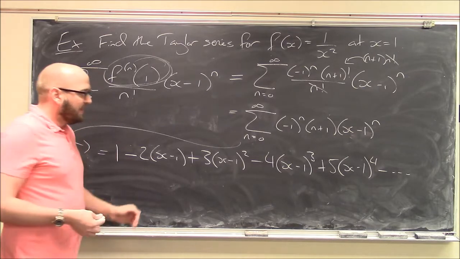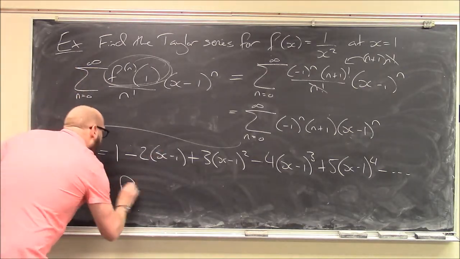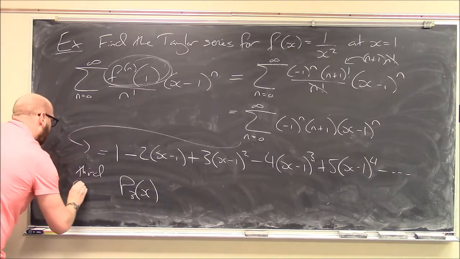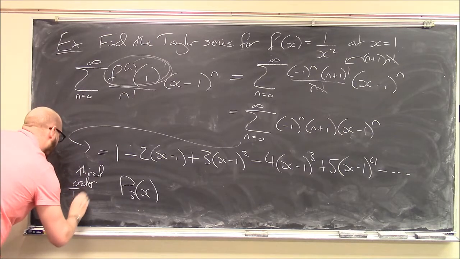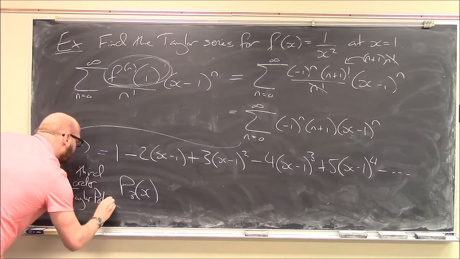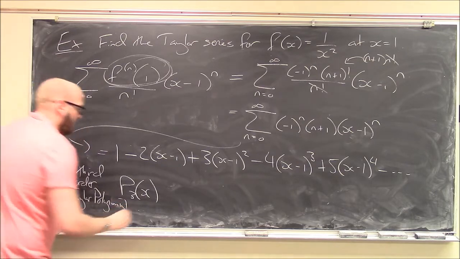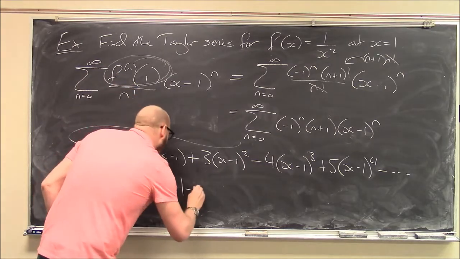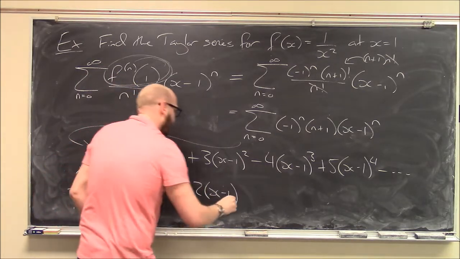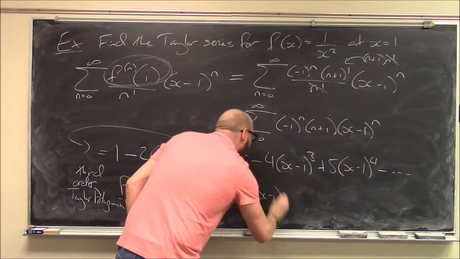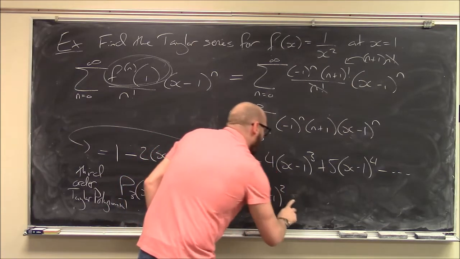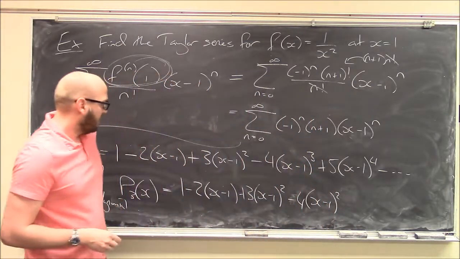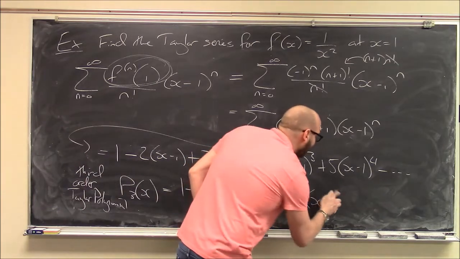So, for example, if I said find p sub 3, the third order Taylor polynomial, I would just count out to the third power of x. 1 minus 2 times x minus 1 plus 3 times x minus 1 squared minus 4 times x minus 1 cubed.